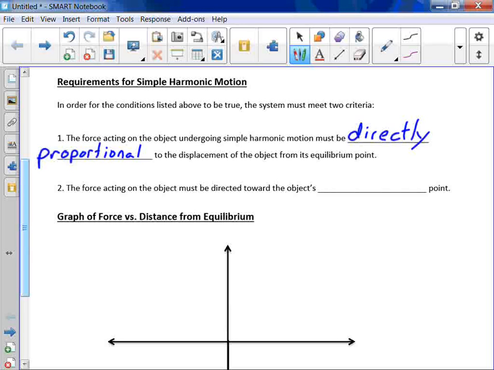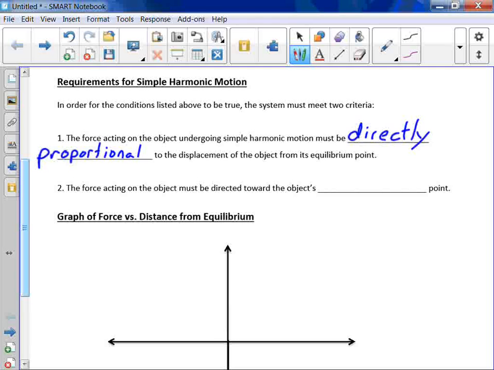We know that a spring would fit this criteria because of which law that you already have learned? Hooke's law. We already learned that the force is directly proportional to displacement, so a spring is a perfect medium to set up simple harmonic motion.